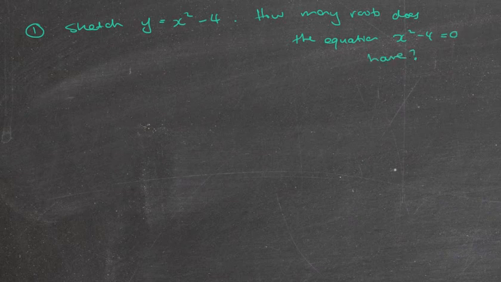The first part is pretty much like what we were doing in the last two lessons, where we're simply graphing x squared minus 4.